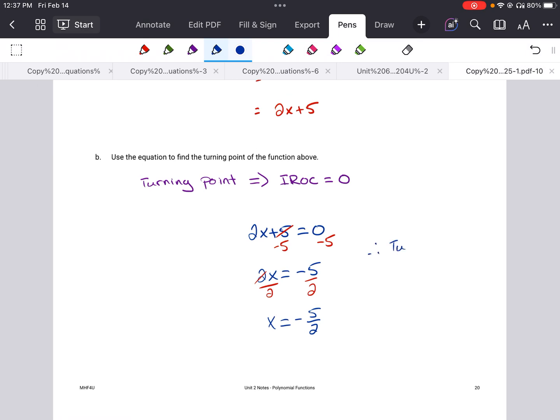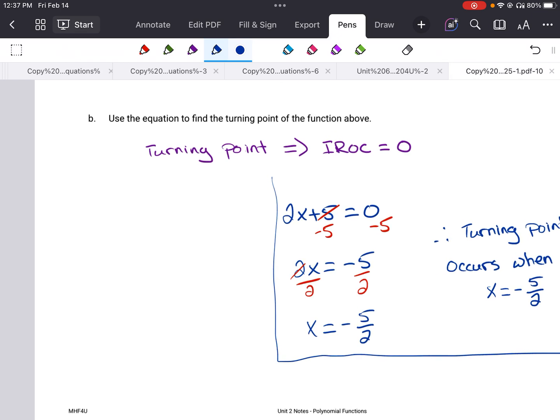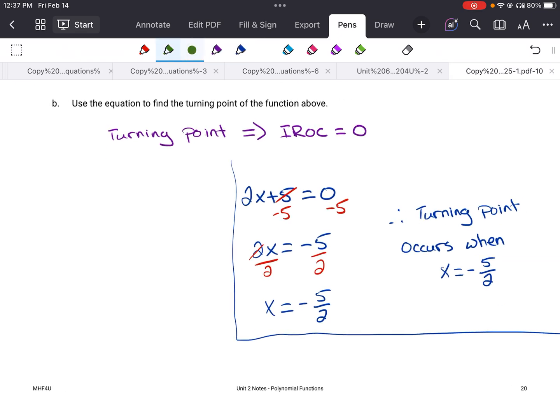Okay, so what this means is the turning point occurs when x equals negative 5 over 2, so negative 2.5. Now let's plug this into our equation.